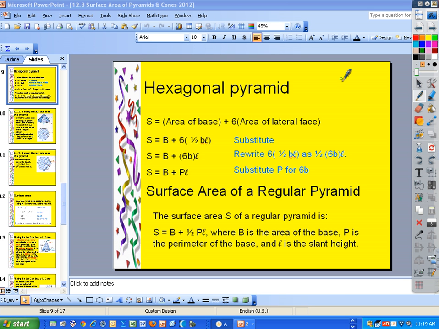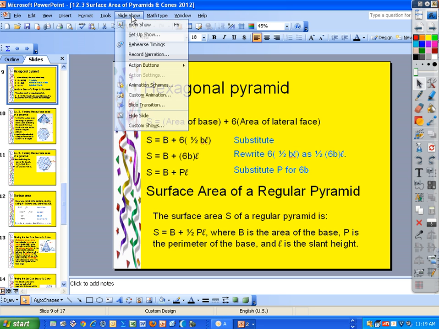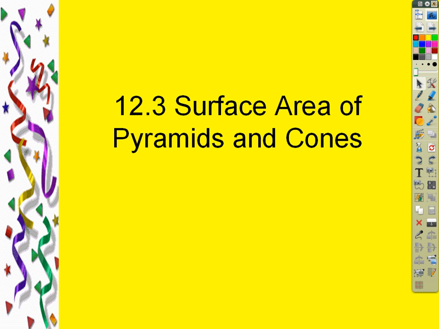The whole point was we want to be able to look at section 12.3 stuff: surface areas of pyramids and cones.